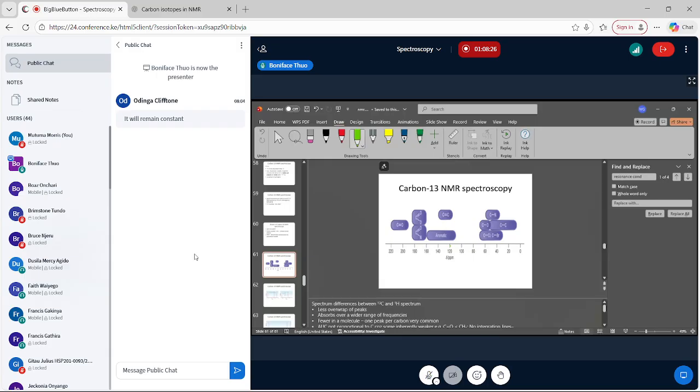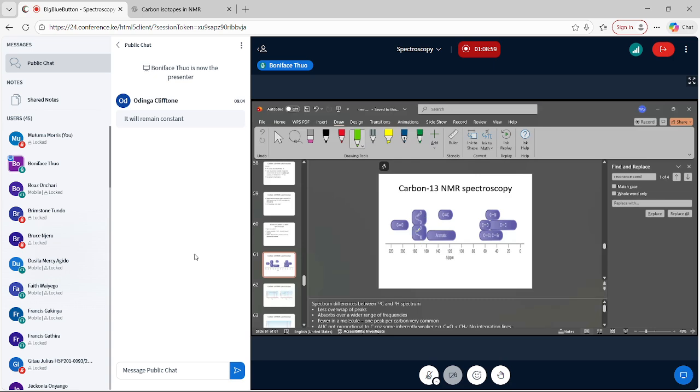Between 100 and 130 will be benzene. But if you make other substitutions that enhance the shielding effect, then that region is extended. So anything either aromatic or an alkene. Then anything above 160, we have the carbonyl carbon.